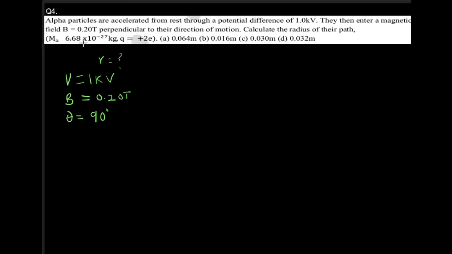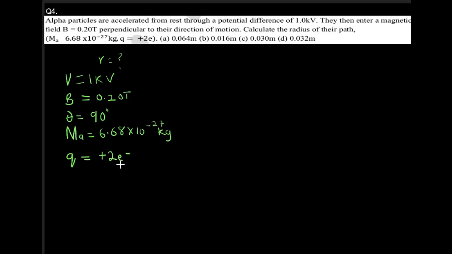Now they also give us the mass of the alpha particle, Ma. So the mass of the alpha particle is 6.68 times 10 to the power of minus 27 kilograms. And then they gave us the charge on each alpha particle to be plus 2 electrons.